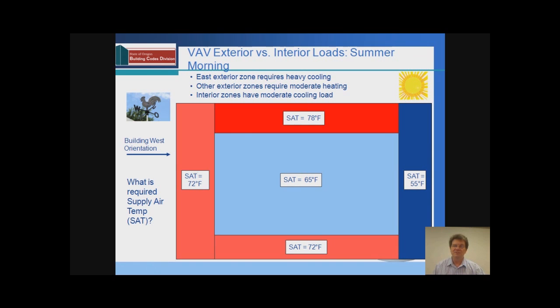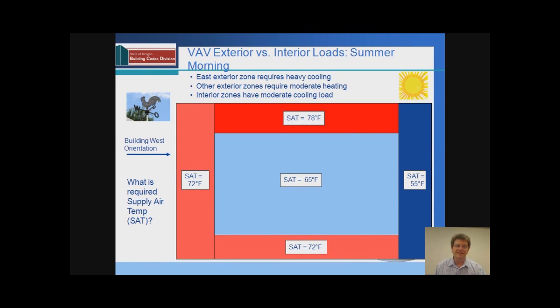In another example, moving more into the summer when it's not quite so cold outside, again in the early morning we might have a situation where the entire east side has the sun blazing in through the windows, and it requires 55-degree air in order to stay cool. The north side of the building might still require heat since it's warming up.